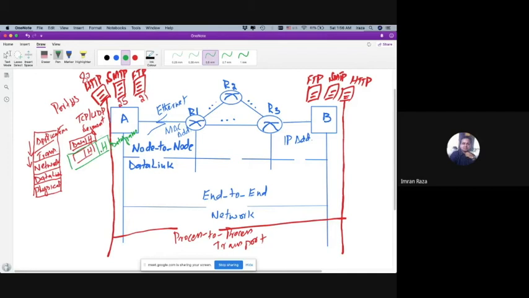Broadly speaking, a datagram also has two parts, the header and the payload field. So this means this TCP or UDP segment will be encapsulated inside the payload field of the datagram.